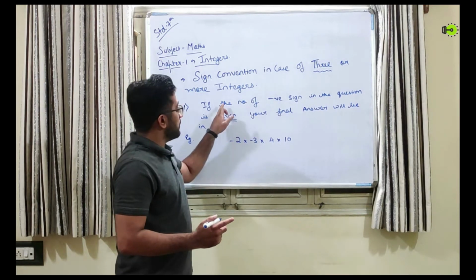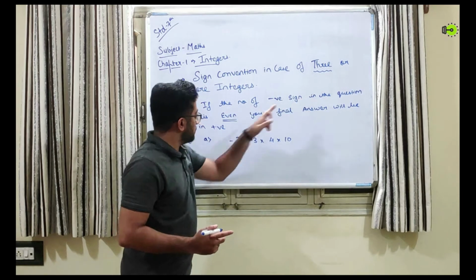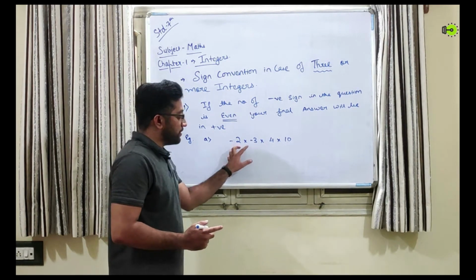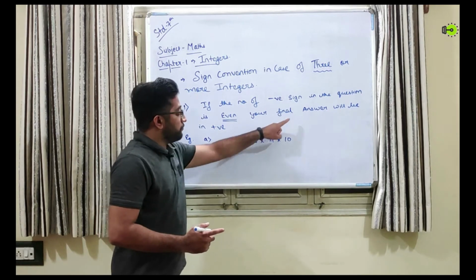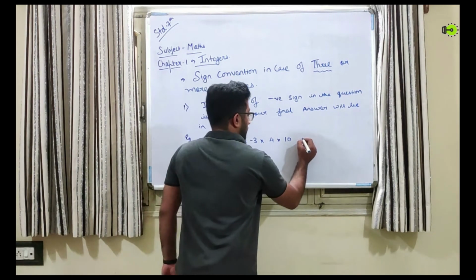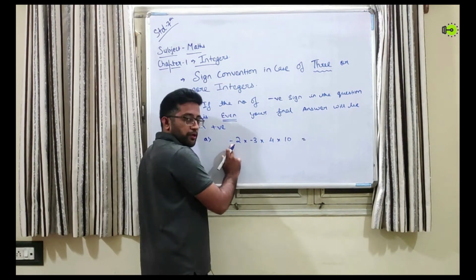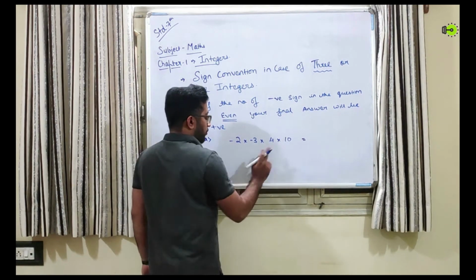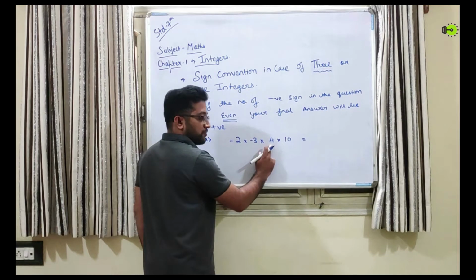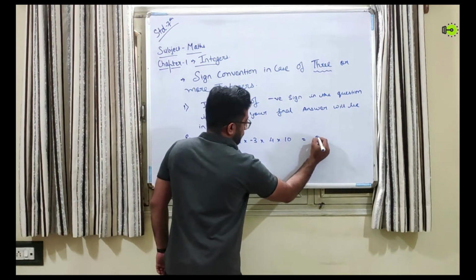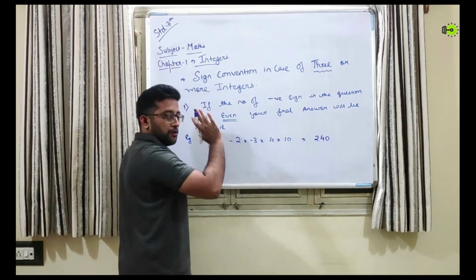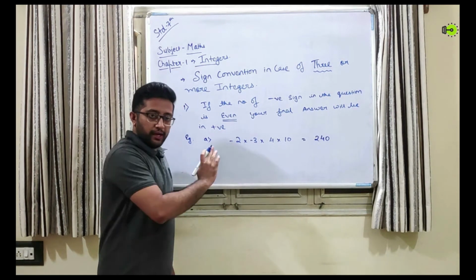If the number of negative signs in the question is even, your final answer will always be positive. Let us check: minus minus plus, plus plus plus, plus plus plus. So the answer will be positive, that is 2 threes are 6, 6 fours are 24, 24 into 10, 240. So our final answer is always positive. Hope you are able to get it.